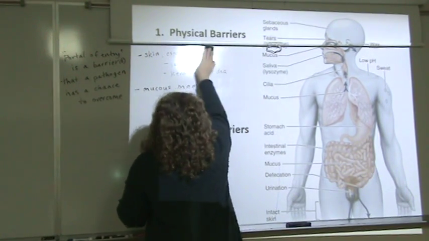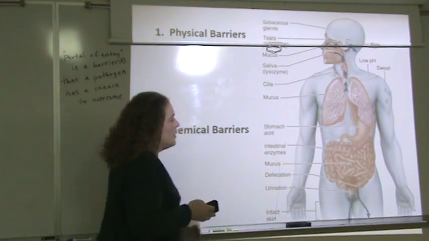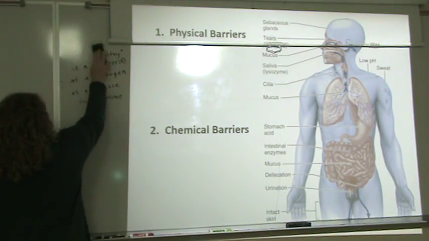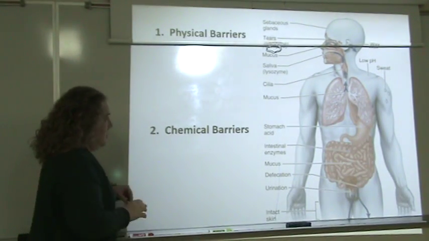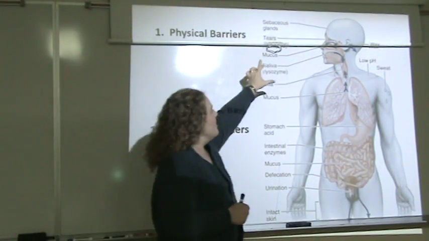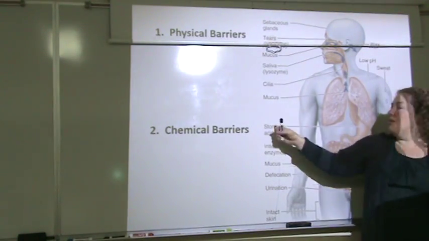And this picture over here, this cross section of the person, it's showing all of the different chemical barriers. So I think what I want to do is write some things about some of these over next to it, but note that they are all chemical barriers.